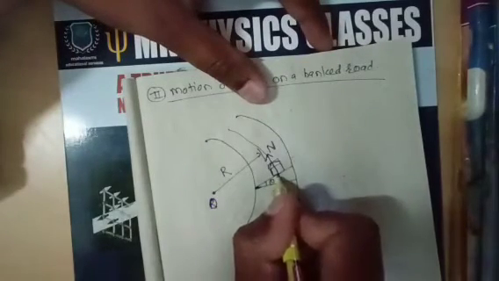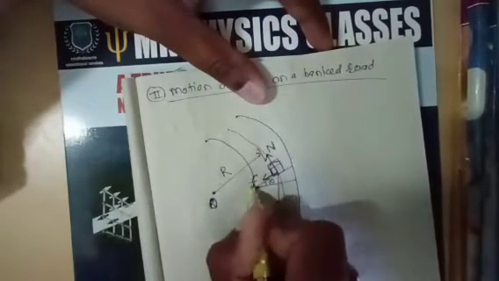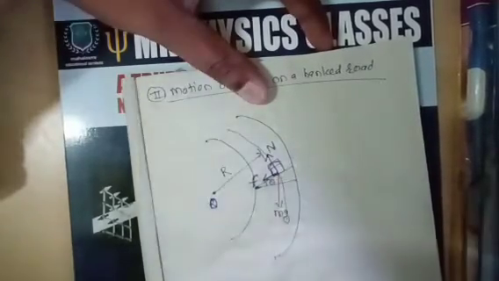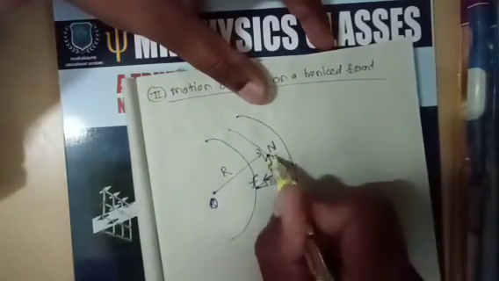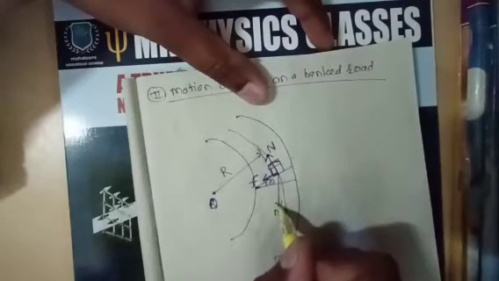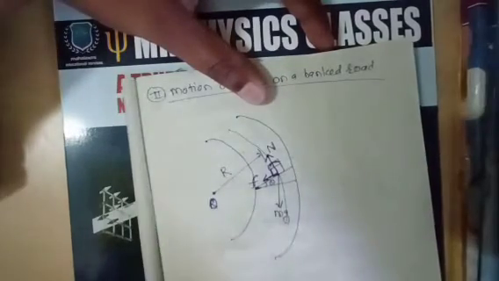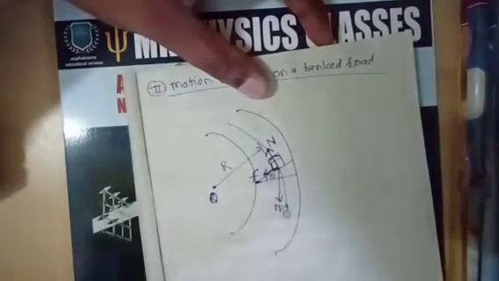The frictional force F is towards this direction. Frictional force is in this direction, normal force is normal to the car, gravitational force is in a downward direction, and this angle is the banking angle theta.